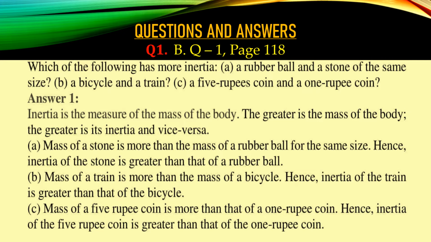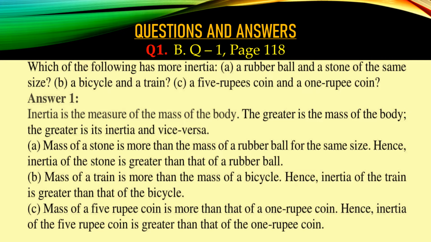Children, we already learned that inertia is determined by the mass of the object. The more massive the object, the more will be its inertia. So in the first case, when we compare the rubber ball and the stone of the same size, you all know that the stone will be the massive object. So the stone has more inertia than the rubber ball.